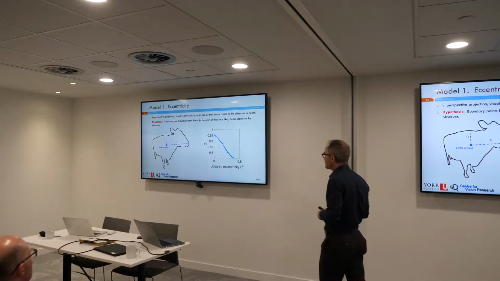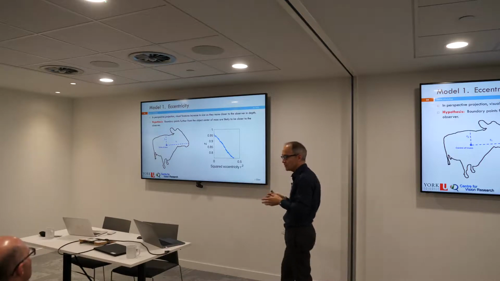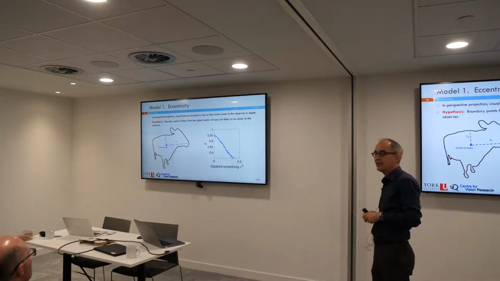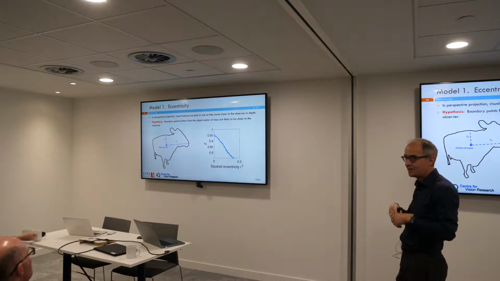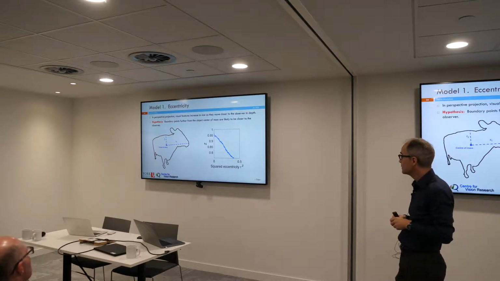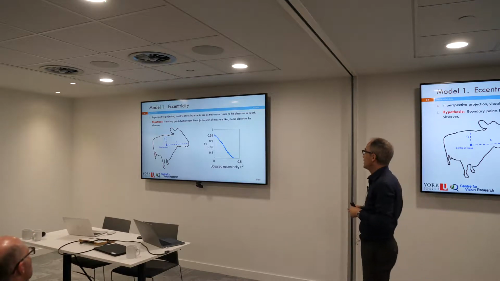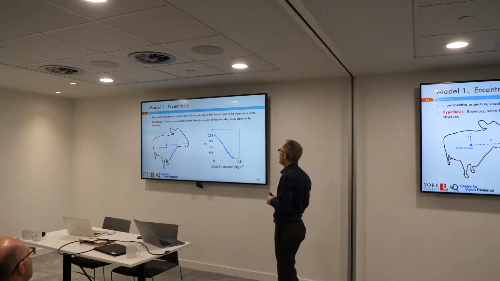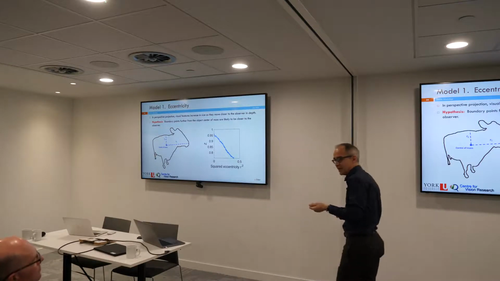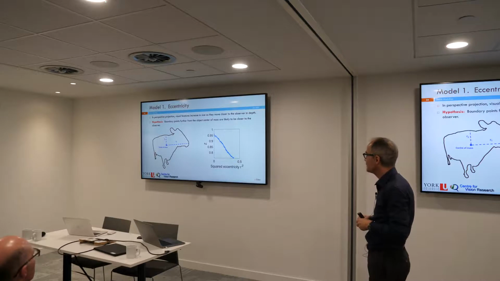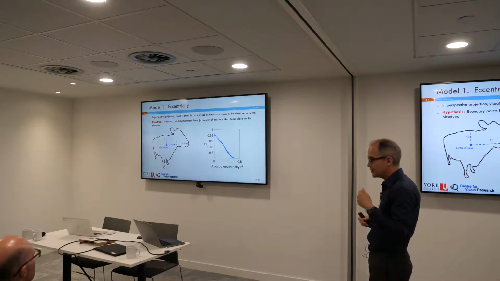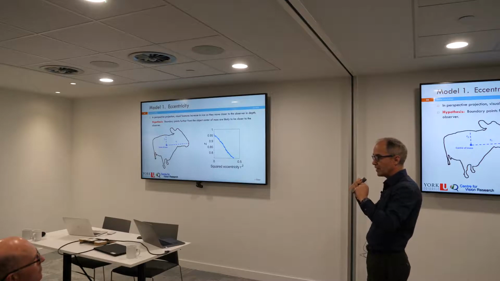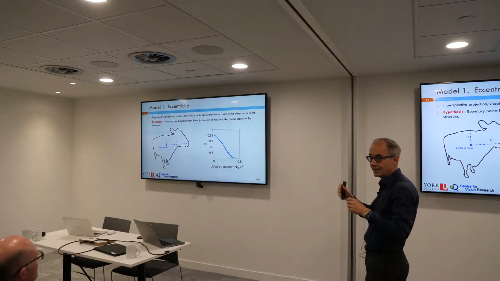So here's the world's simplest model. It's the analog to the height in the image model for judging distance in scenes. If you're trying to explain perspective projection to your 5-year-old or your 4-year-old, one of the first things you might say is, well, in perspective projection, objects that get closer to you produce images that are bigger, right?